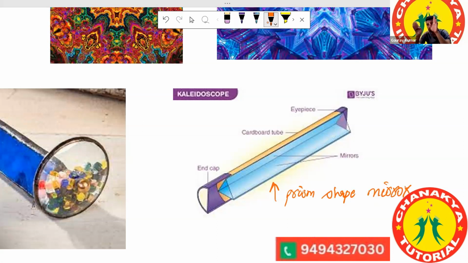We covered these mirrors with the help of cardboard, and at the end of this cardboard we have attached one more piece, a glass which contains many different pieces of glass of different color. In this side we put a hole through which we can see. Fine.